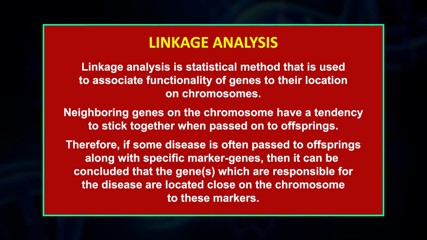Dear students, let's now conclude the lecture on Lod score. Linkage analysis is the method of associating the functionality of genes to their chromosomal locations by looking for evidence of co-segregation between genes and similarity in phenotypes between individuals who share alleles at those marker loci.